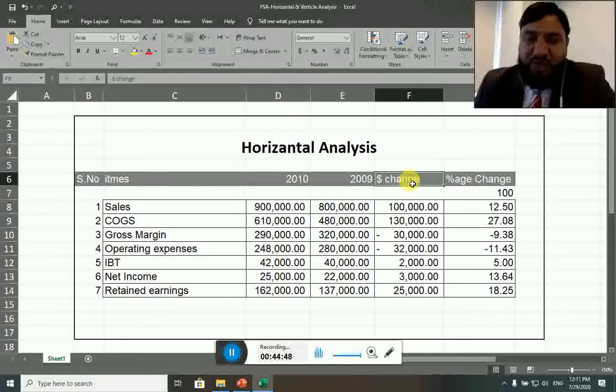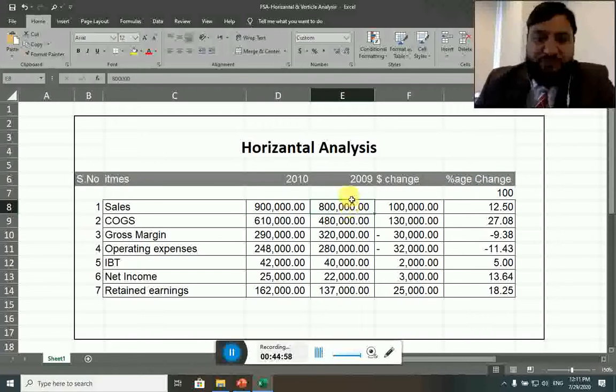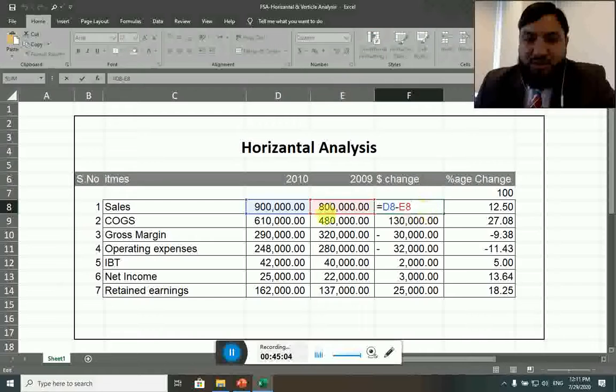Here we calculate the dollar change, and here we calculate the percentage change. So sales in 2010 were 900,000. In 2009 the sales were 800,000. So find the dollar change. I use the same formula, current year minus base year equals the dollar change.